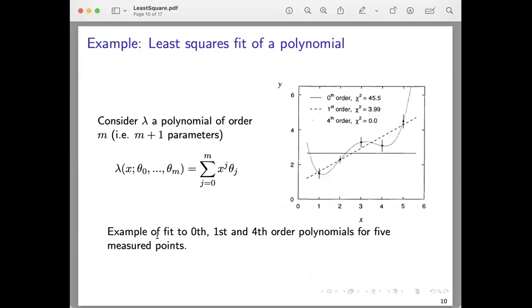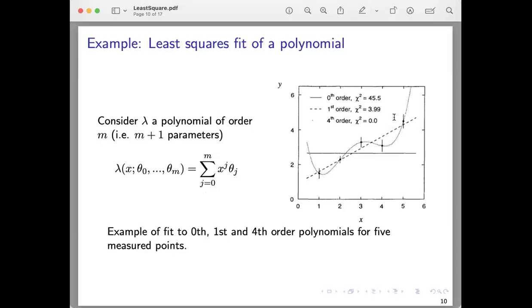The 5 points are either measured from some experiment or drawn using some parameters: you draw the individual points assuming the mean value lambda and then a Gaussian distribution around lambda. Then you try to fit these 5 points using different polynomials.